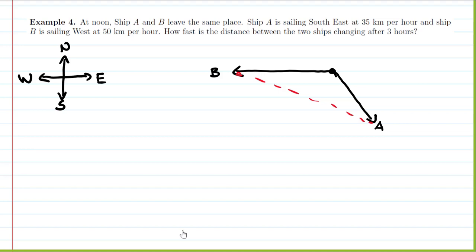So, if I call this side little a, I call this side little b, and I call this side little c, using the same convention for naming non-right triangles, where side A is across from what would be angle A and so forth, we're going to get this.